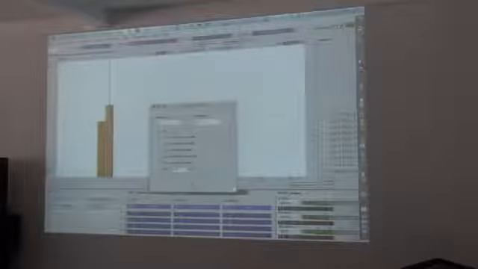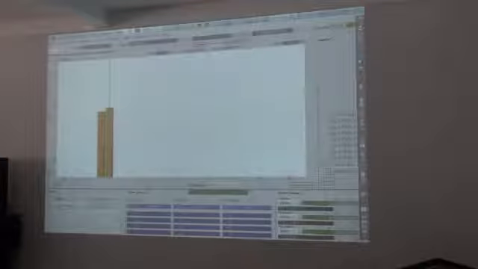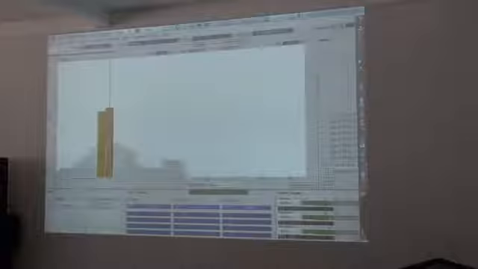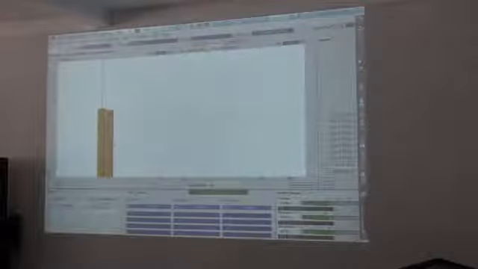Let me do 112. You can see that the two bars have practically the same level. 111. Right now, the bar of 100 shows a little bit more level than the bar of 125.